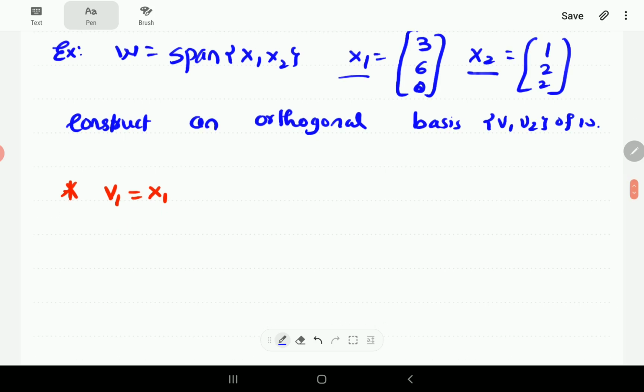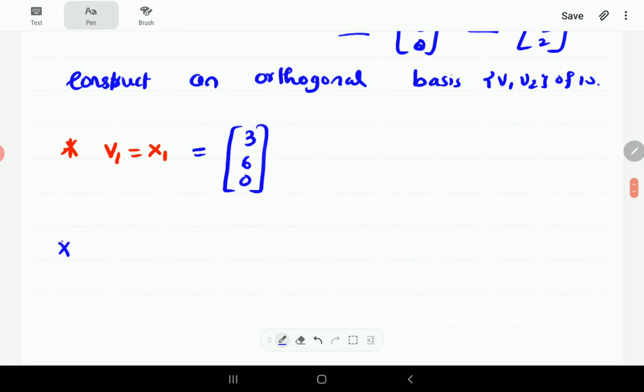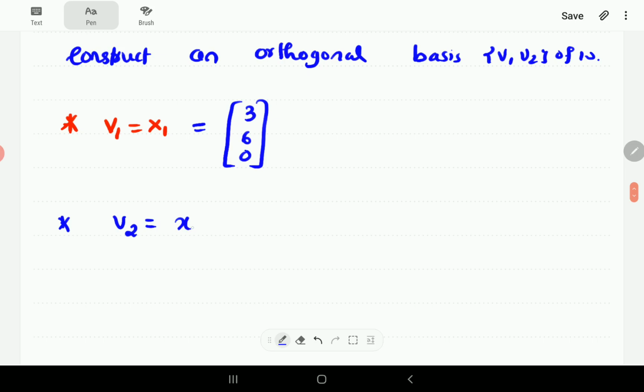So v1 equal to x1 is nothing but 3, 6, 0. This is our v1 now. The second step is v2. By the definition, it is x2 minus (x2 dot v1 upon v1 dot v1) into v1.